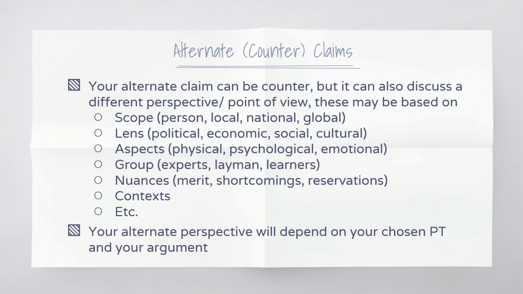Your counter or alternate claims could be based on, I would recommend, a more nuanced view. So it could be in regards to the scope, the lens, the aspect, the groups, the nuances, the context. And your alternate claim is really going to depend on your chosen prescribed title. So I would dissuade you from simply saying one thing and making that your claim, and then in your counterclaim simply saying the opposite.